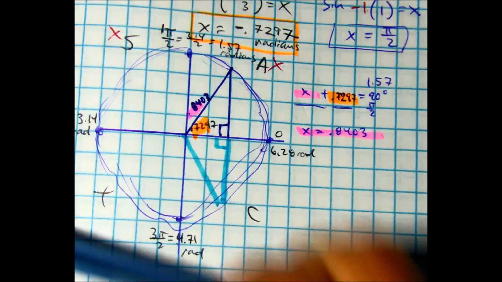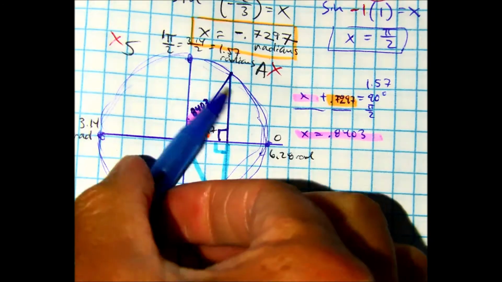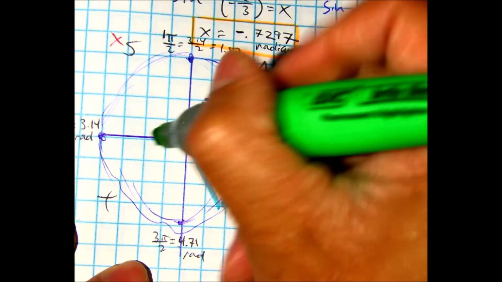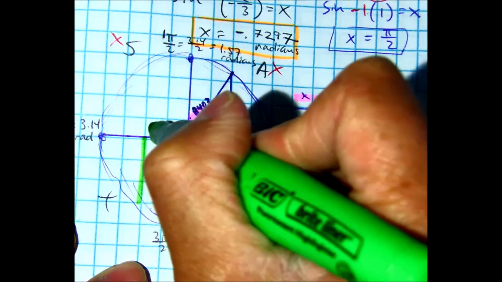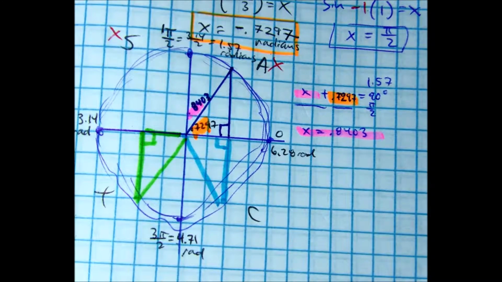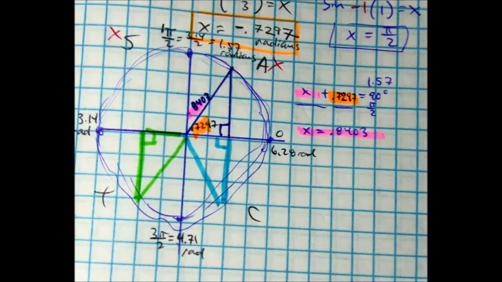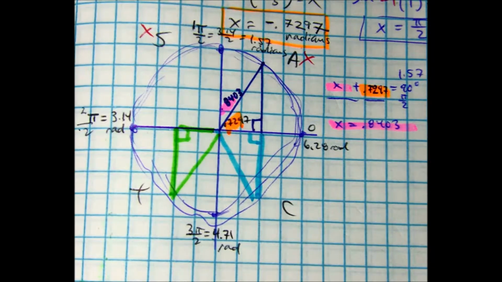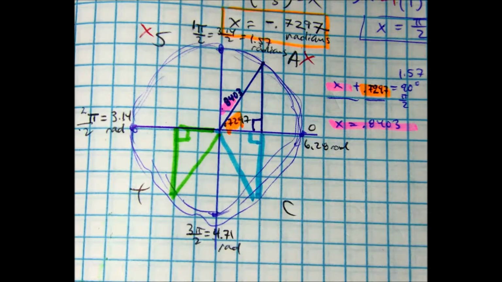So where my pen is, rotate it all the way around for the blue triangle and the green triangle. I don't know if that makes sense, but help each other understand what we've done so far, and then I want the angles measured in radians for the blue and the green. Ready, set, go.